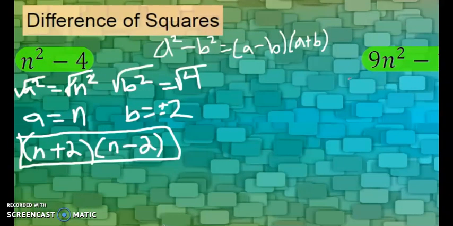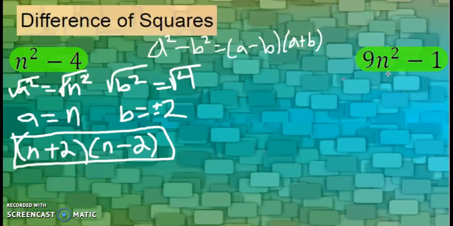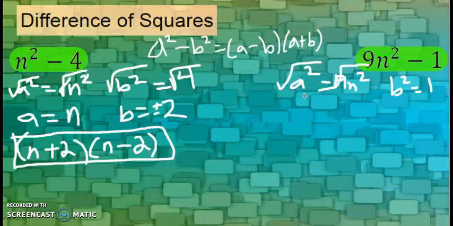Let's look at that next one. We have 9n squared minus 1. So let's first identify a squared, which is 9n squared, and b squared, which is 1. Take the square roots. The square root of 9 is 3. The square root of n squared is n. And that's a.